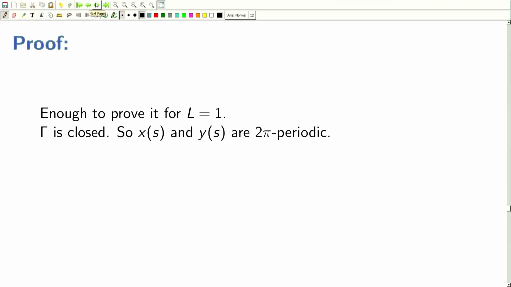parameter. Okay. So, gamma is closed, therefore x and y are functions from 0 to 2 pi to R, and x of 0 is equal to x of 2 pi, because (x 0, y 0) is equal to (x 2 pi, y 2 pi).